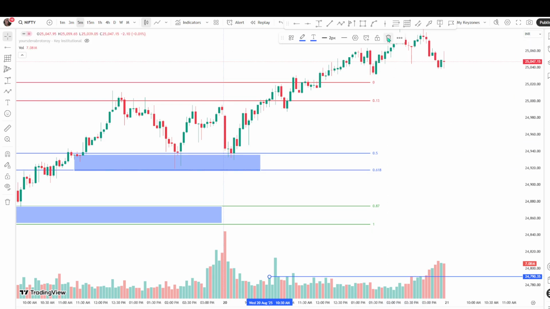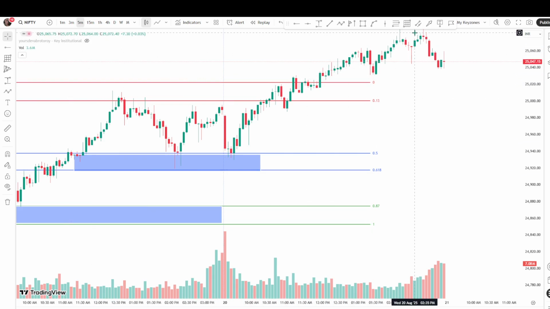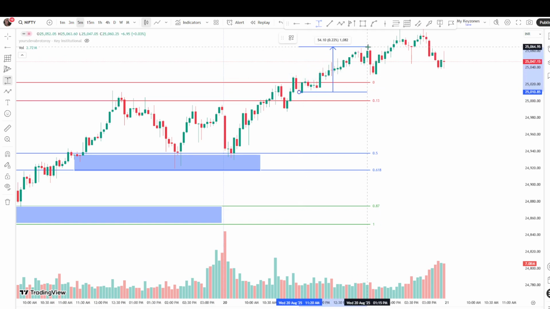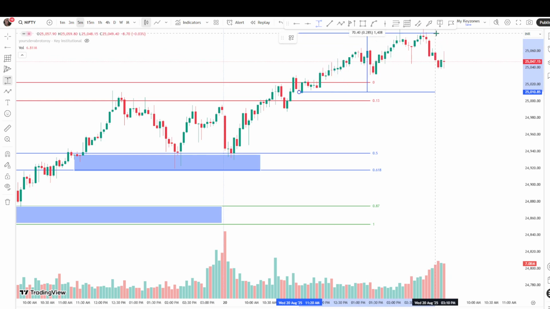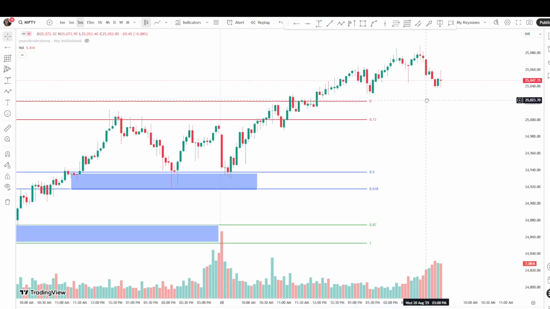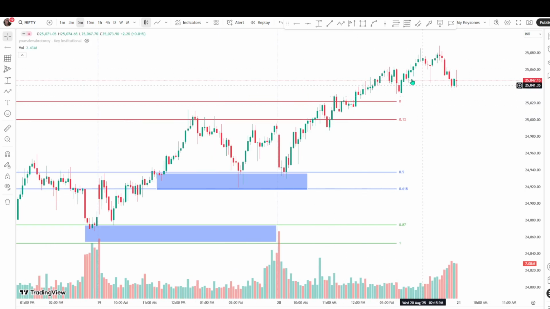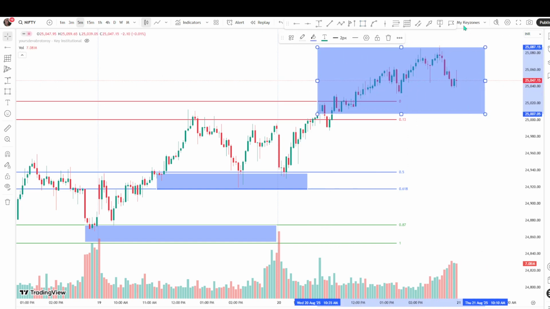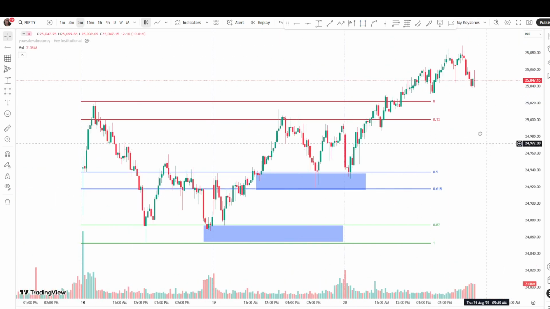If somebody made a position around this level, we could expect a movement of around 54 points, almost to this level. But I was not interested in this area because this was the top, so I didn't trade this level.